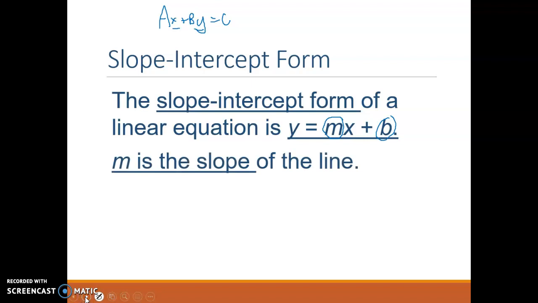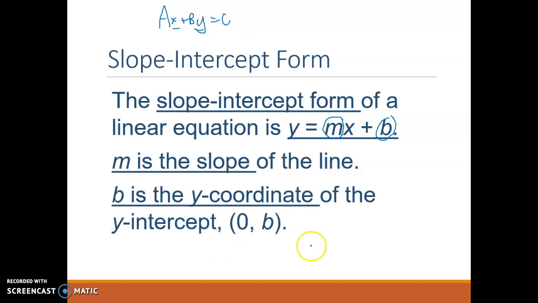The m we already know is the slope of the line. We learned all about m in our previous lesson. The b is going to be the y-intercept, which is the y coordinate where x is 0 and the line passes the y-axis. So it might be here, it might be here, but our b is going to be our y-intercept.